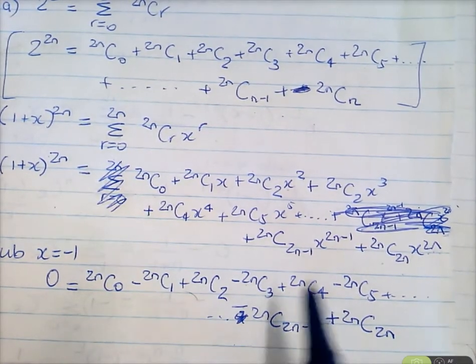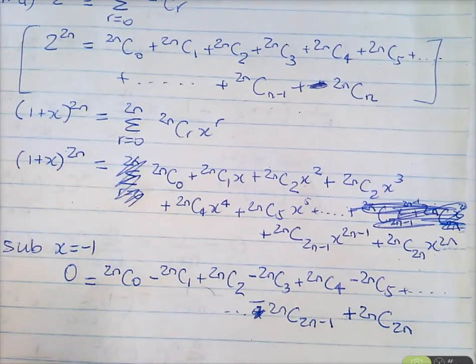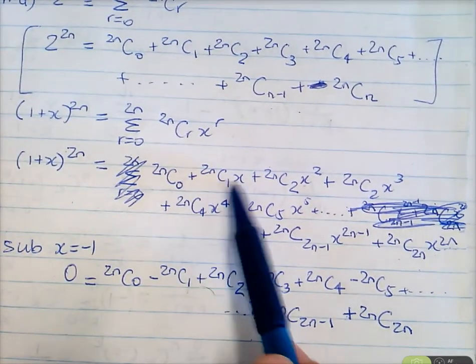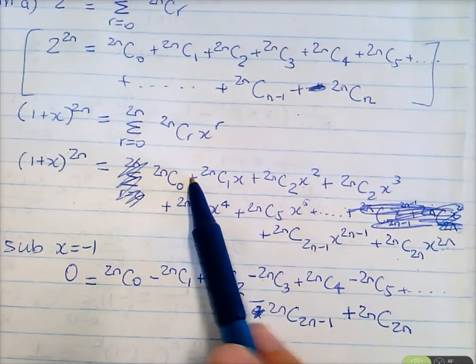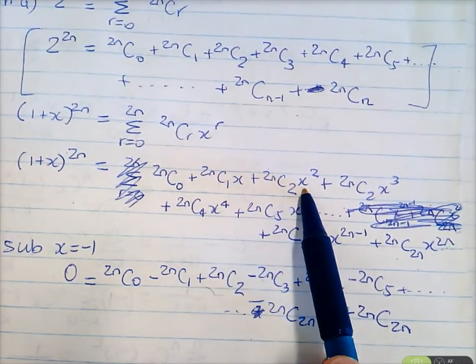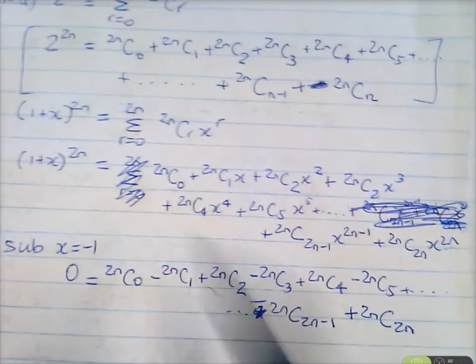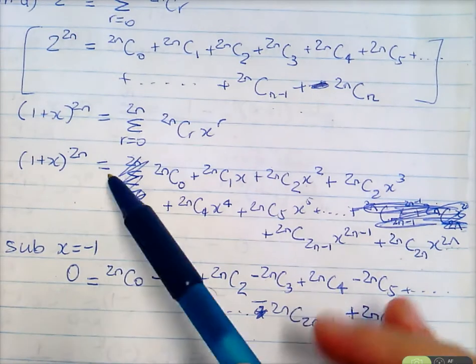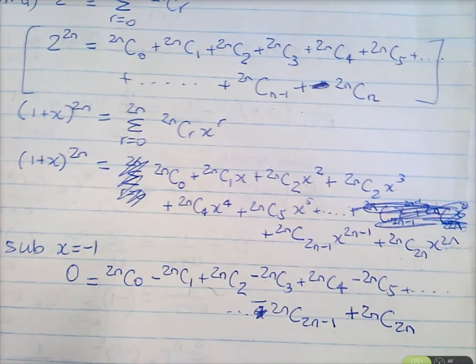Now, why don't I put the 1 in? I'm substituting x is -1, that will be negative. Why don't I just substitute it up here? You know the general form, isn't it a to the power n minus k?